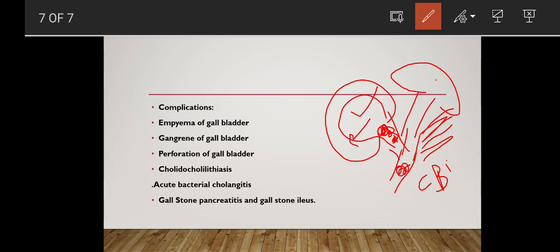When there is a stone in the common bile duct, the outflow tract for the bilirubin is blocked, so bilirubin will increase in our body, and it will lead to jaundice. As well, if there is stasis of the bile and bilirubin in the common bile duct, it will lead to acute bacterial cholangitis.